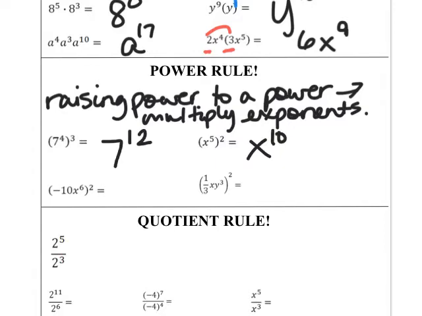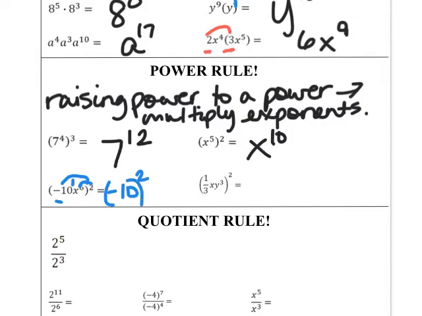Now, on this third example down here, remember what you've got going on. You are raising each of these bases to the 2nd power, like a distributive property. And remember that if you don't have a power, then you need to put the 1 on that. So our first base is going to be negative 10, and 2 times 1 is 2.